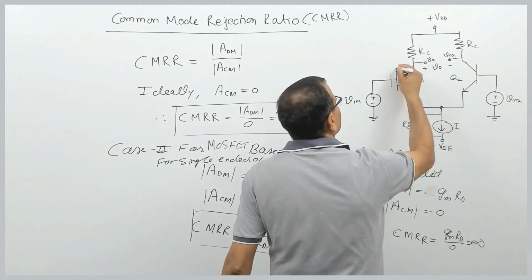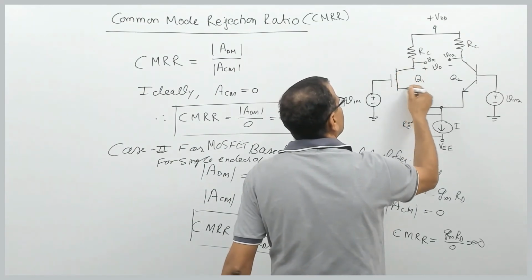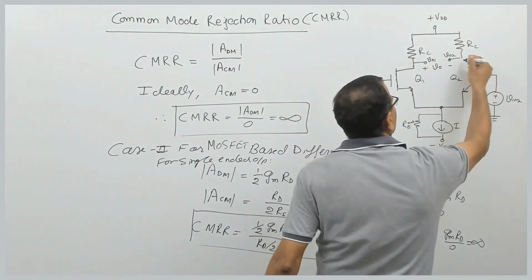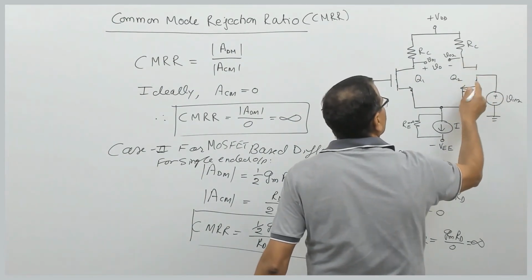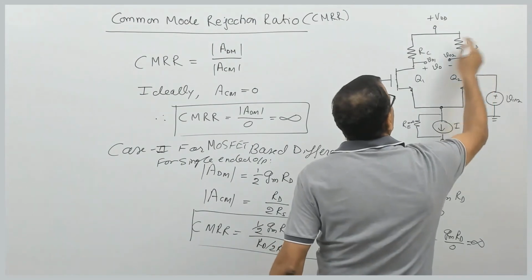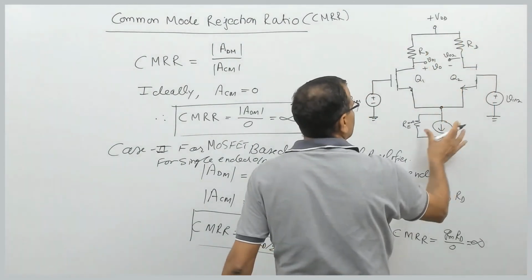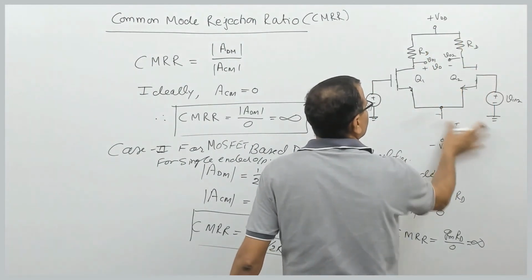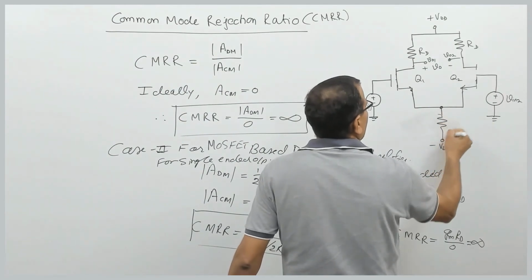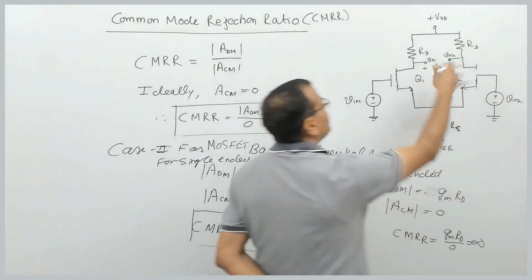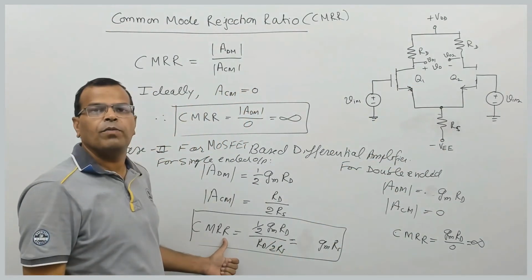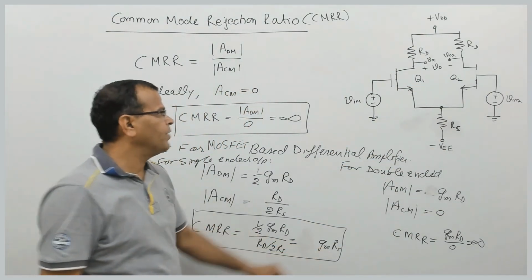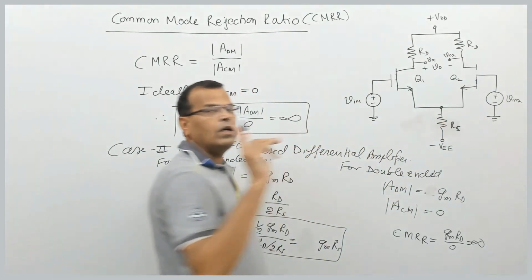So in case of MOSFET, we have a circuit exactly similar to that of BJT. Circuit is similar. There is no difference in topology of the circuit. The only thing is change of the transistors. So here it is RS. This is MOSFET based differential amplifier. So I can increase common mode rejection ratio by increasing RS. That is one.